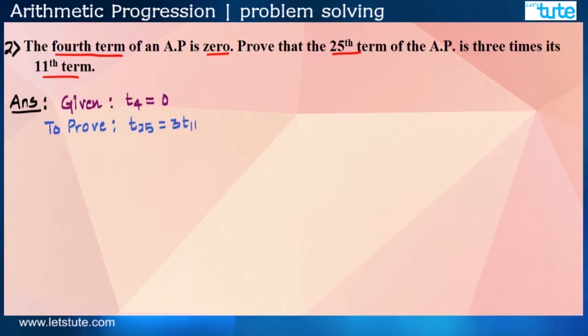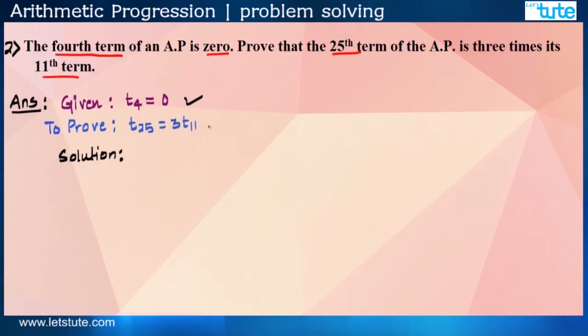Right? Now see the solution part. T4 is 0, and we have to prove T25 is equal to 3 times T11. Now, how to proceed? We don't have a and d and no other knowledge other than these three, T4, T25 and T11.